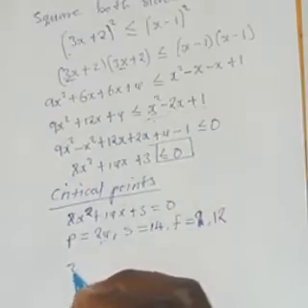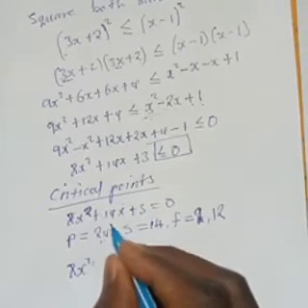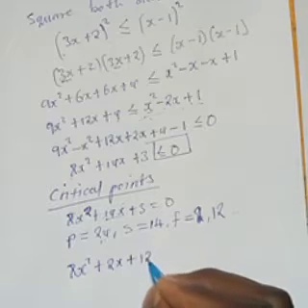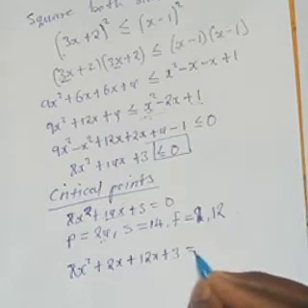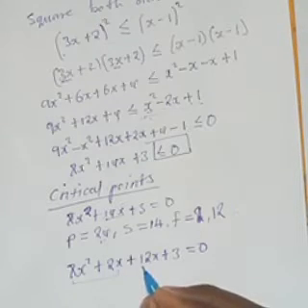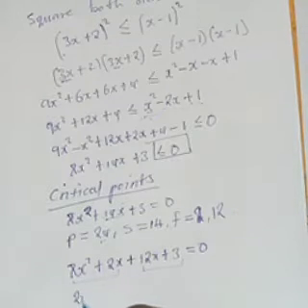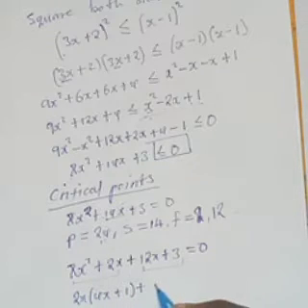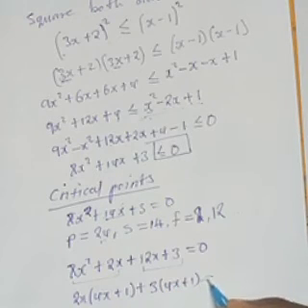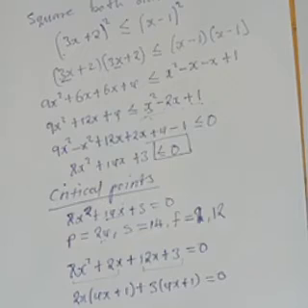So I'll put them where they are in the expression: 2x, 12x. So here factorize this part and also factorize that part. You're going to have 2x open 4x plus 1 plus 3, 4x plus 1, equate everything to 0. You're going to have 2x plus 3, 4x plus 1.